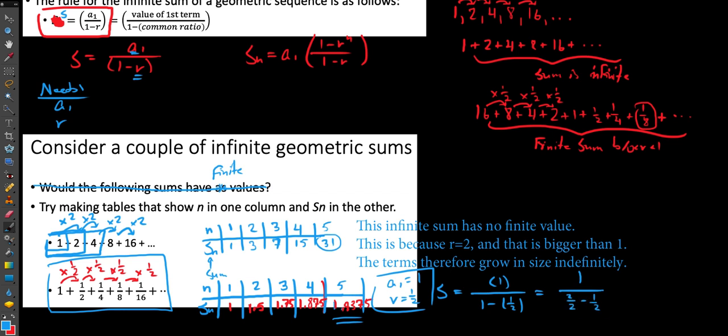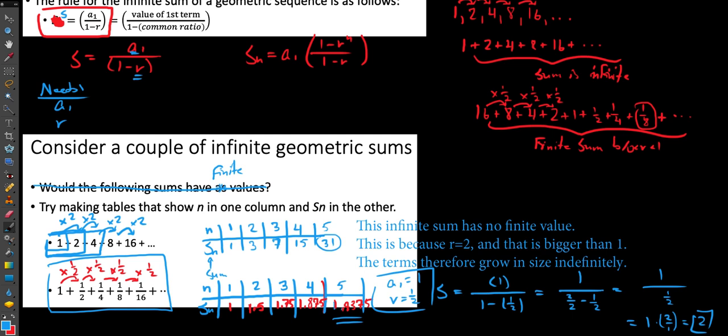So 2 halves minus 1 half, if we're getting a common denominator down there, is 1 half, and our rule for dividing with fractions is we're going to multiply instead by the reciprocal. So we end up getting 1 times 2. That means that indeed, if I were to add up all infinitely many of these numbers in the series, I do, as a matter of fact, get 2 as my infinite sum.